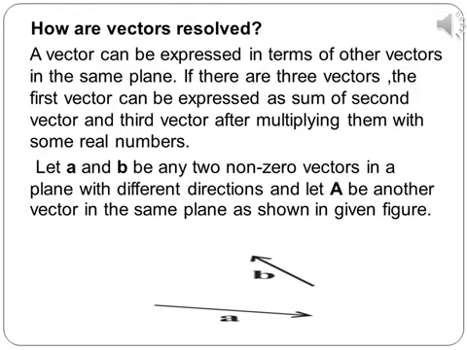Suppose there are three vectors. The first vector can be expressed as the sum of the second and third vectors after multiplying them by some real numbers. Let vector A and vector B be any two non-zero vectors in a plane with different directions, and let vector R be another vector in the same plane, as shown in the given figure.